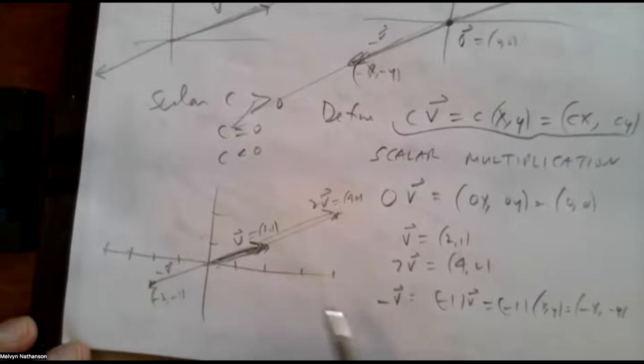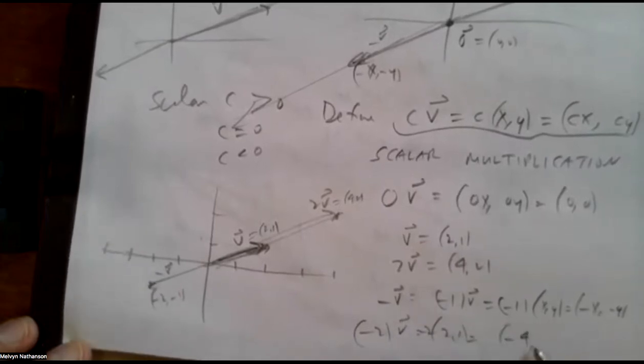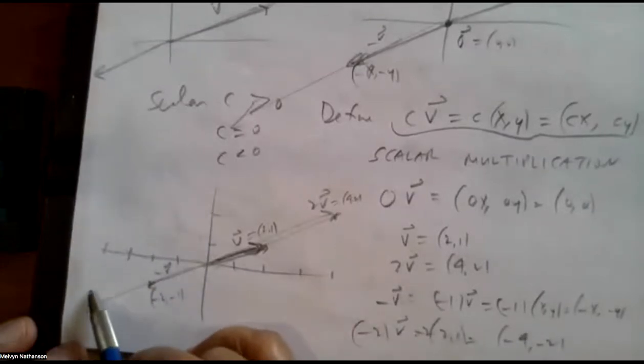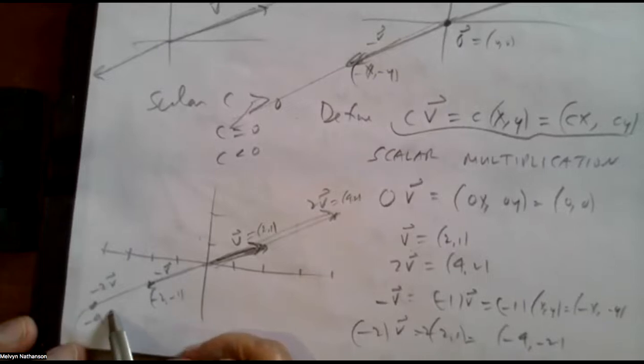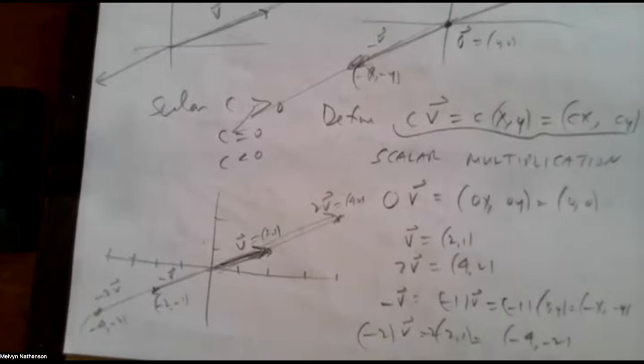That would be minus v. And minus 2 times v, that's minus 2 times 2, 1. That's minus 4, minus 2. So this is minus 2v. Right. So these are the simple pictures about vectors in the plane.